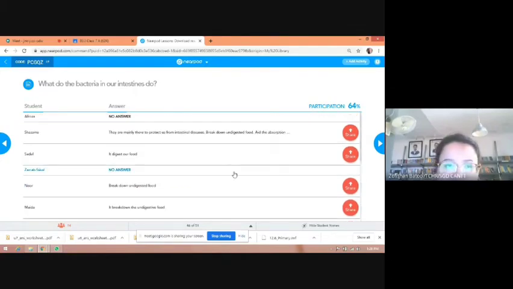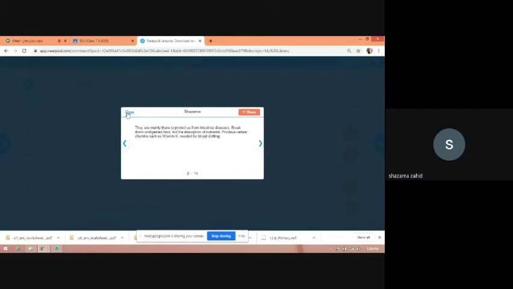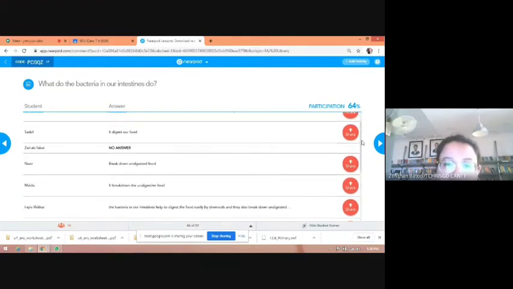Okay, Shazama has added: aid the absorption of nutrients, produce certain vitamins. Yes. They mainly help us to protect us from intestinal diseases. Yes.